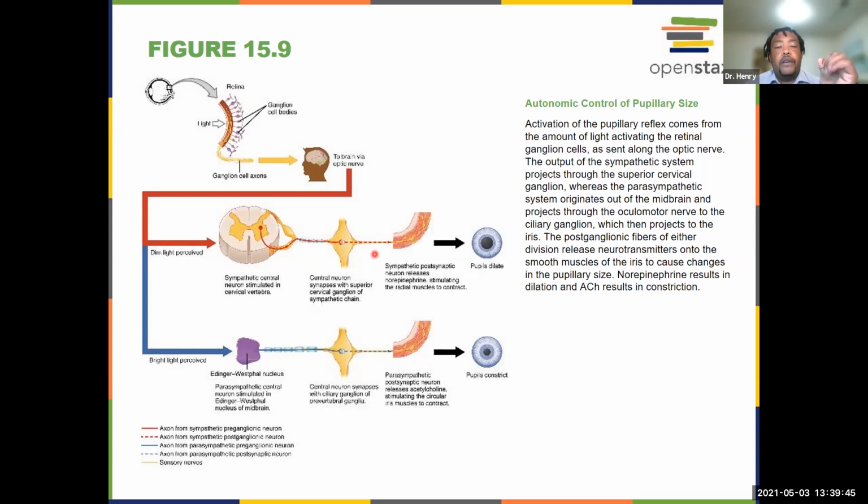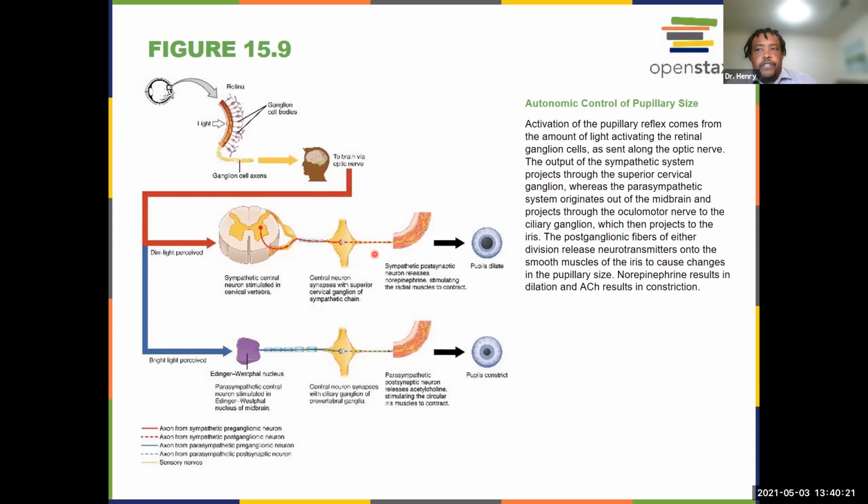Now, if we shine bright light at the eyes, then that is going to stimulate the Edinger-Westphal nuclei, and that is going to stimulate the parasympathetic central neuron.